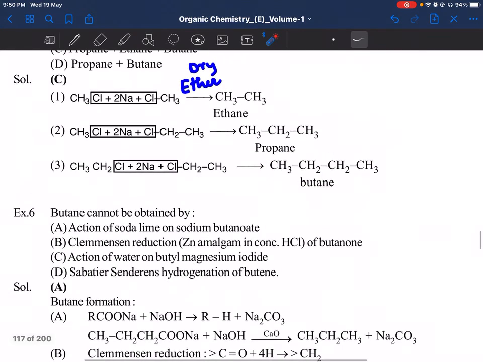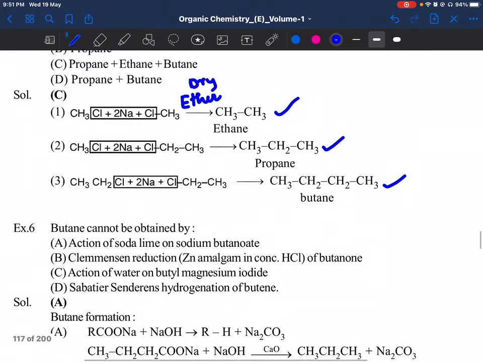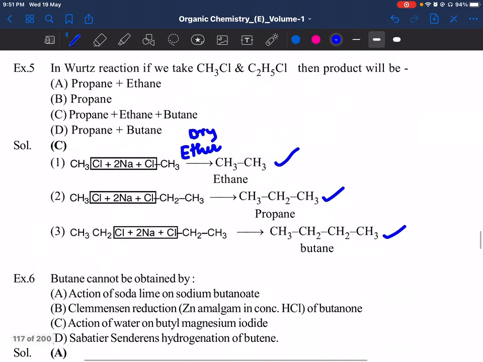Like that, we get mixed products: ethane, propane, butane. That's why we are not getting any one product with more yield. That's why it's not suitable for preparation of odd number alkanes. So what is the answer? Yes, option C: propane, ethane, butane.